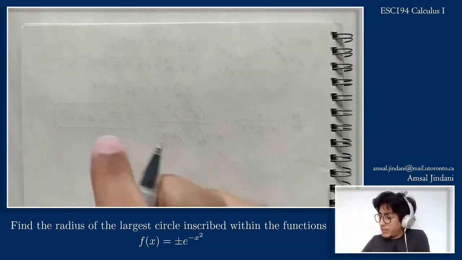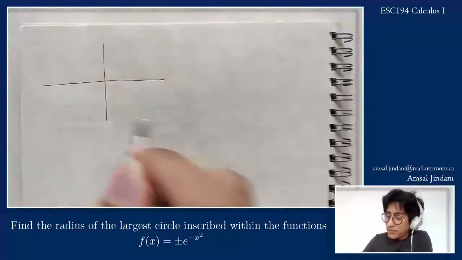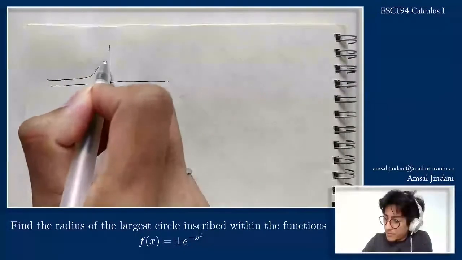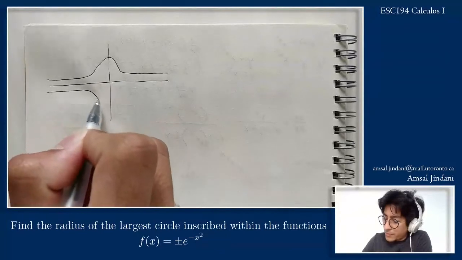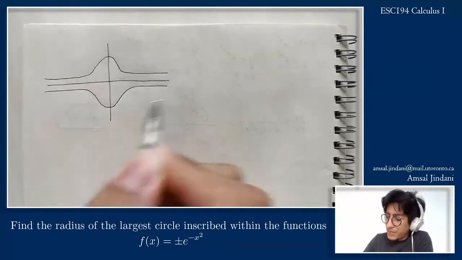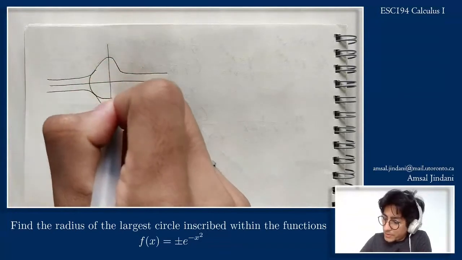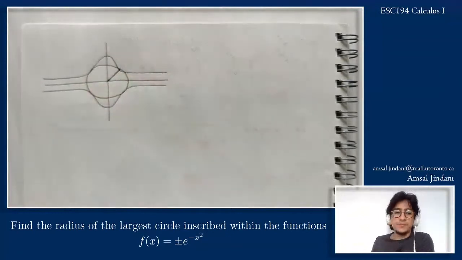Let's draw a picture to see what's going on here. e to the minus x squared is the bell curve function. So we have something like that, and then we have a bell curve on the bottom because it's plus minus. The question is asking, what is the biggest circle we can put inside here? What's the radius of this circle?